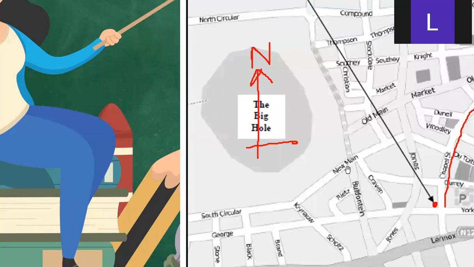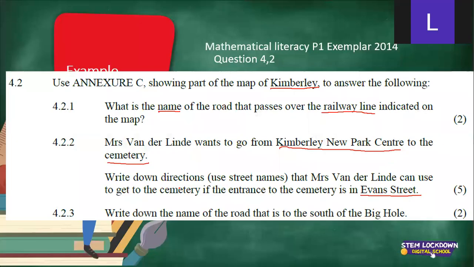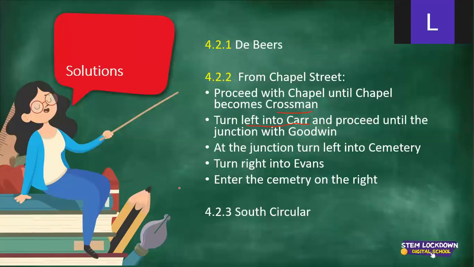But the most correct answer will be South Circular. So South Circular is actually the most correct answer. But if you said New Main, I'll give you the answer, but I was looking for South Circular. So well done. Okay, next one.